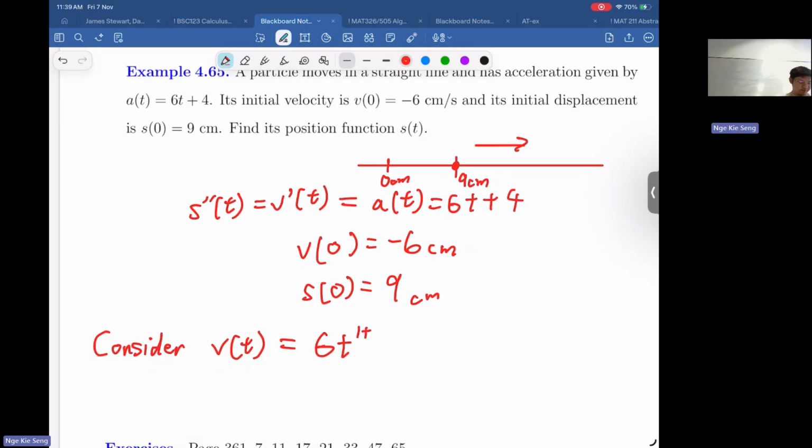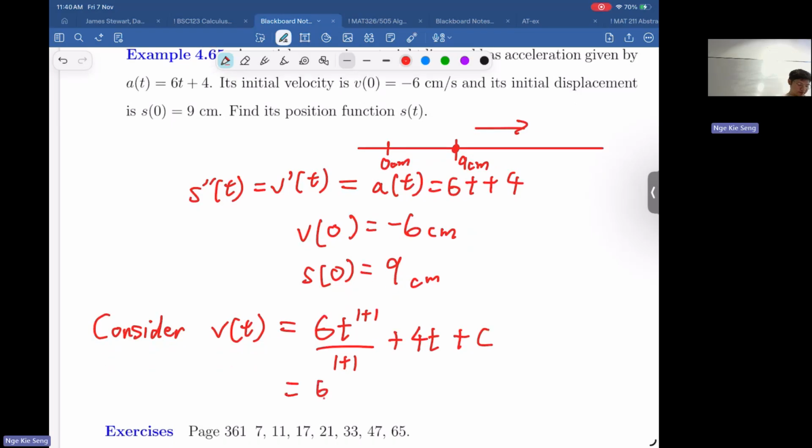So plus 1, and instead of multiplying by this power, you divide by this power. Okay, so this is the way to do it. And then for what differentiates to 4, you need to put in a variable into it. But this is an antiderivative, right? It could differ up to a constant. So 6t over 2 is 3t squared, 4 gives 4t, plus C, which is 3t squared plus 4t plus C.